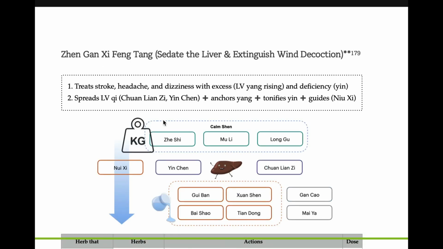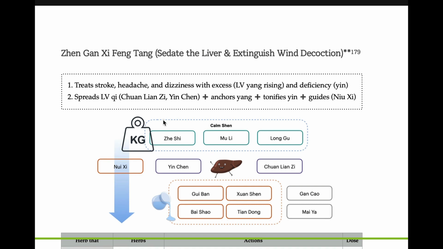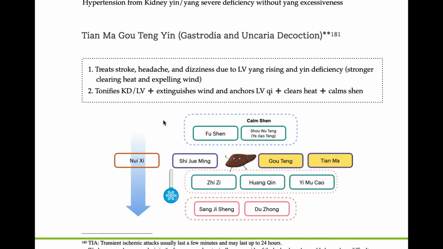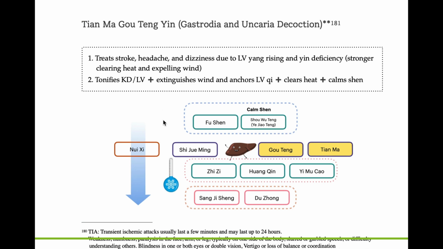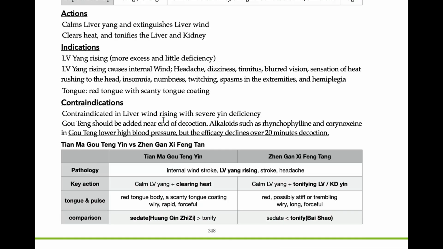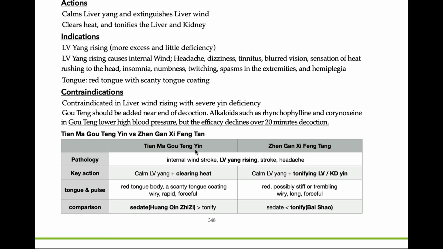And Zhengan Xifeng Tang treats liver yang rising. Zhengan Xifeng Tang and Tianma Gouteng Yin: just remember those as liver yang rising formulas. But remember this, Tianma Gouteng Yin is a more sedating formula, and Zhengan Xifeng Tang is a more tonifying formula. Tianma Gouteng Yin is more about clearing heat.